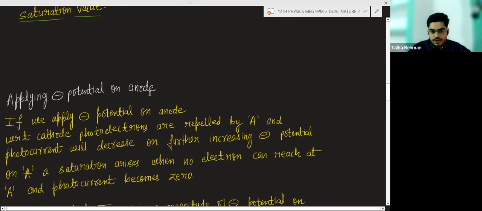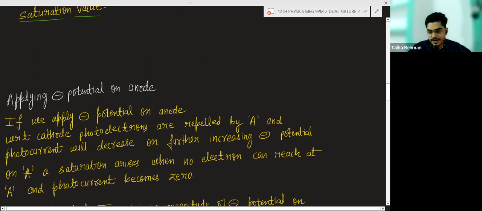Applying negative potential on anode. If we apply negative potential on the anode with respect to the cathode, photoelectrons are repelled by the anode and photocurrent will decrease.